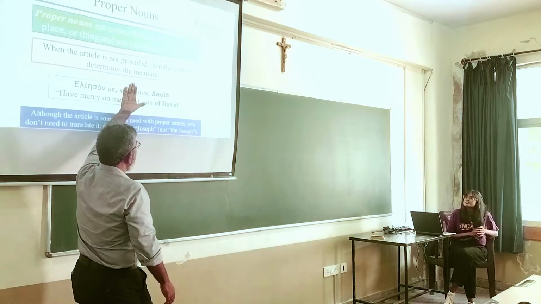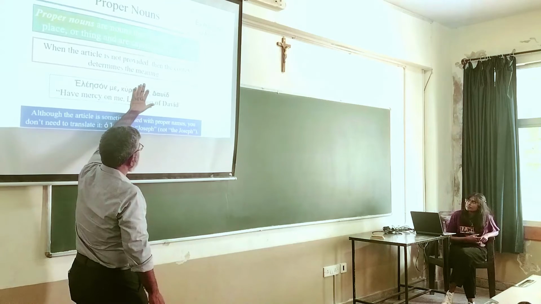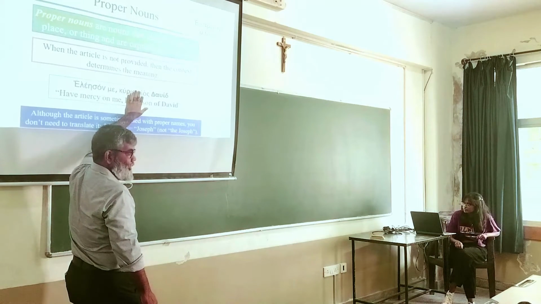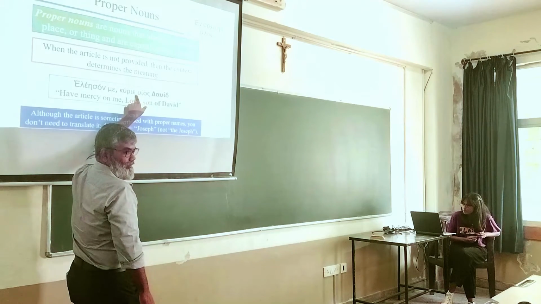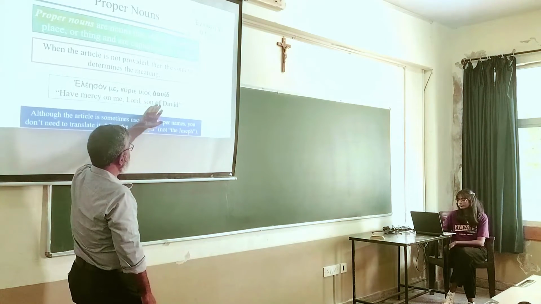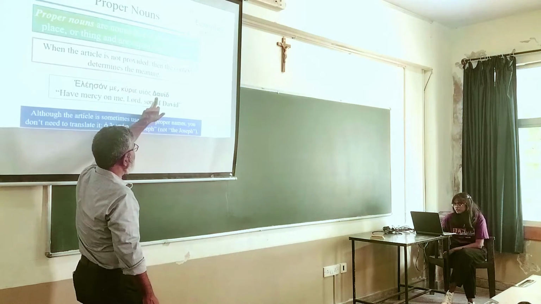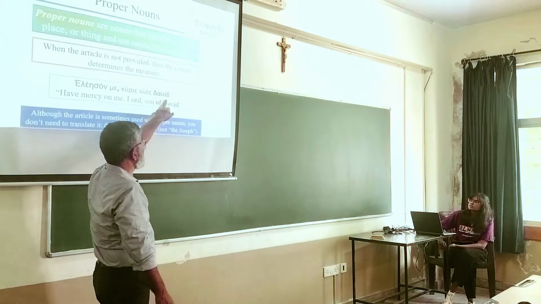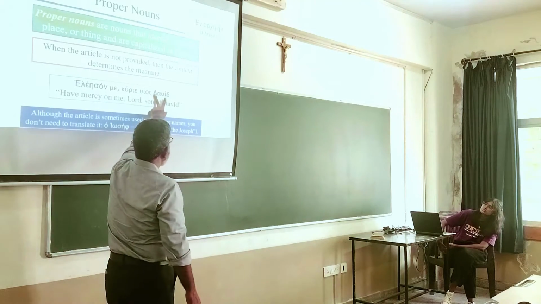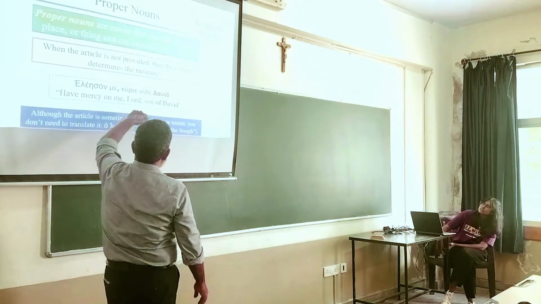What you have is huios, and you see this is a masculine noun. How do you know? Os is at the end, and it is nominative. David, there's no clue, right? Delta, alpha, upsilon, iota, delta. What is this? Delta, the same capital and small letter.